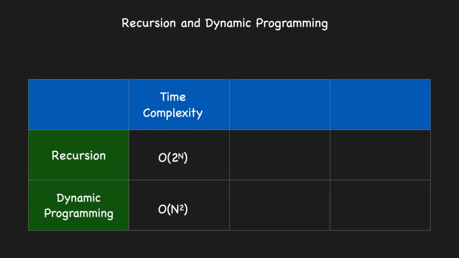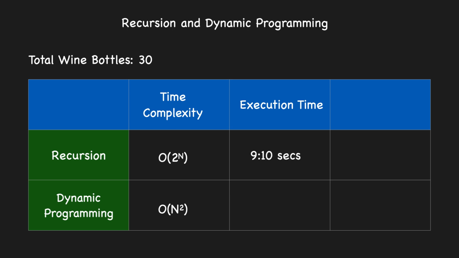Let's compare recursion and dynamic programming for the wine bottles problem. I conducted a test to measure the time difference between these two algorithms using a total of 30 wine bottles. The execution time for the recursive approach was 9 minutes and 10 seconds, whereas for the dynamic programming approach, it was only 593 milliseconds.